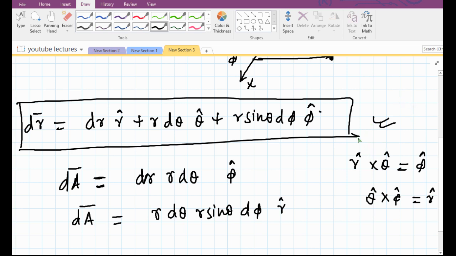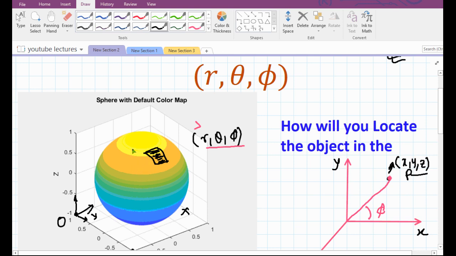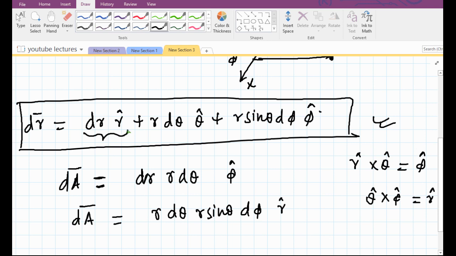Now one more thing I am going to say: if you are talking about area, the area is on the surface, and on the surface the radius is constant. So the dr term is going to vanish. What you are left with is r d theta, the theta hat component, and the phi hat component.